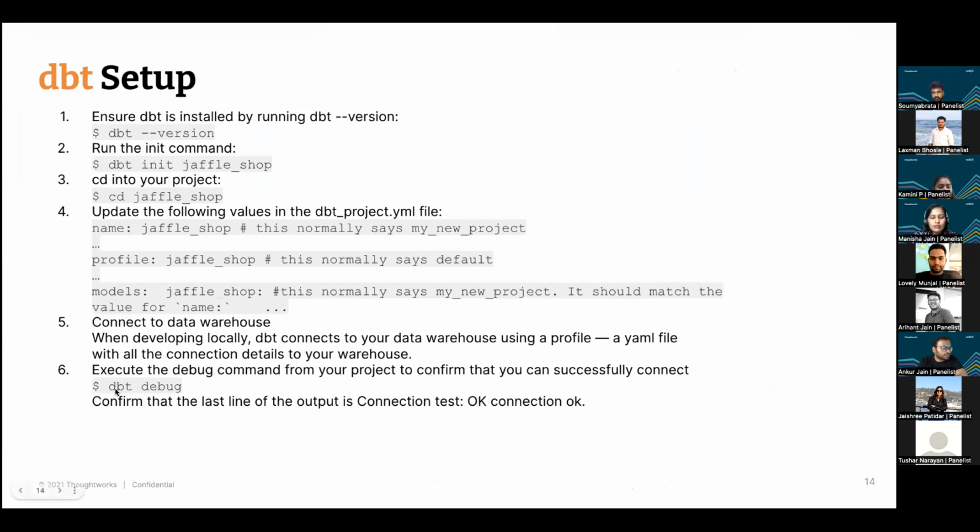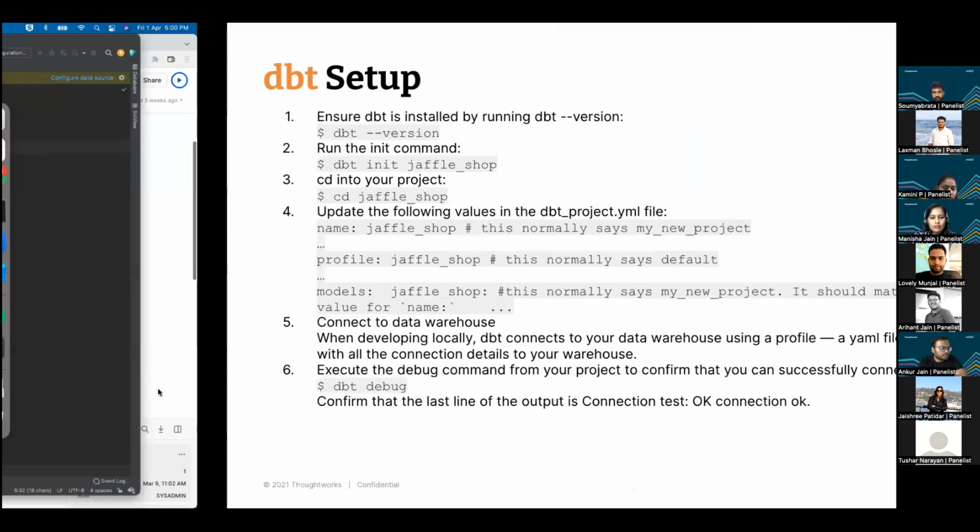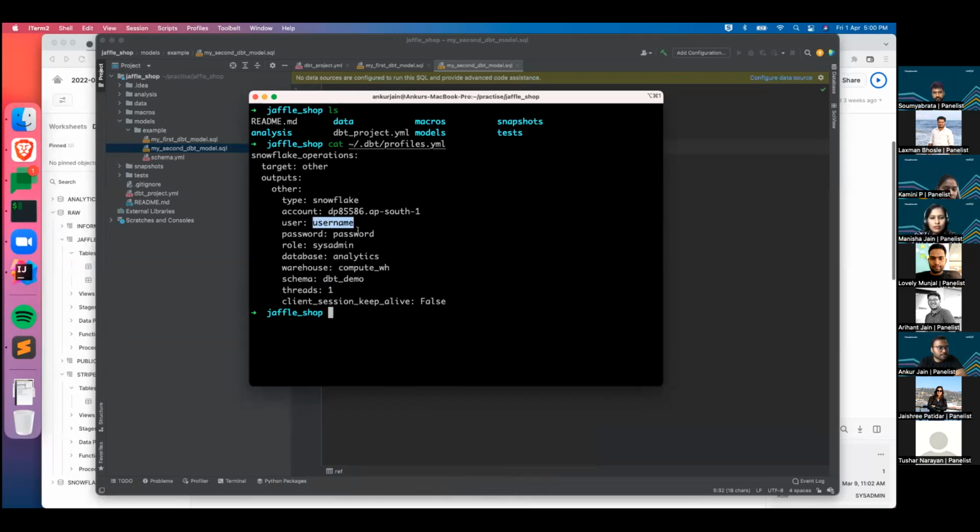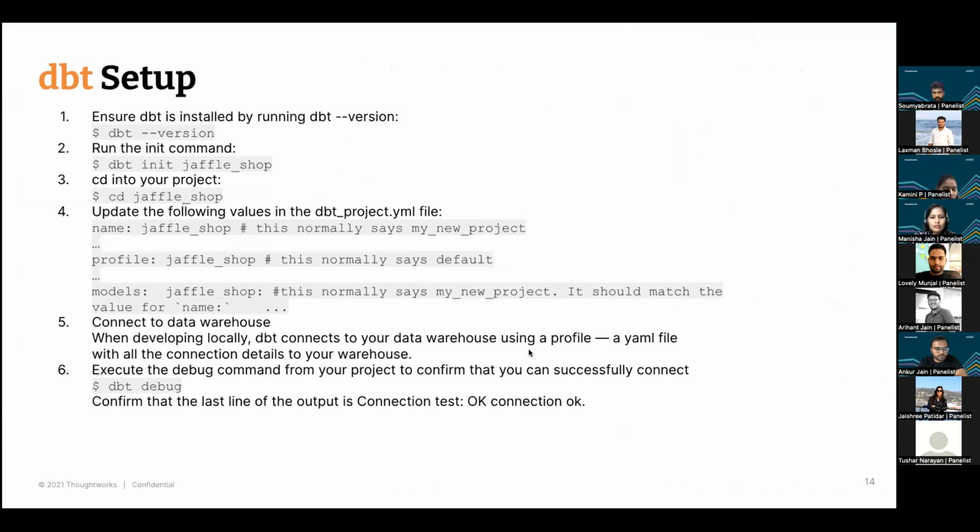I could run the dbt debug command, but since I've put in a dummy username and password, it'll fail for me. But if you put in the right credentials, it'll work and it'll tell you whether dbt is able to connect with your Snowflake, in our case.